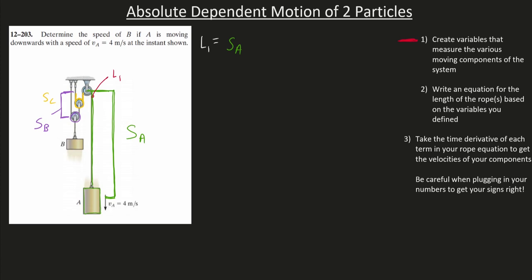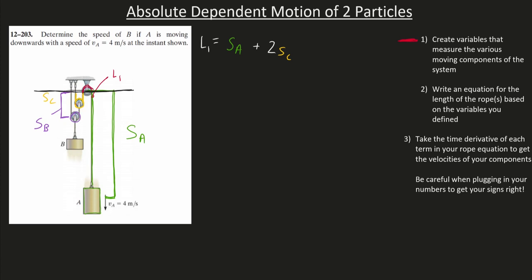Let me just make sure I make our datum here, that origin for all of our position variables. I'm not going to write it. So I'm going to have two of these yellow rope lengths, SC, and of course they're going to be variables because this thing may be moving down, which means those yellow lengths are going to be increasing to let that pulley lower down.